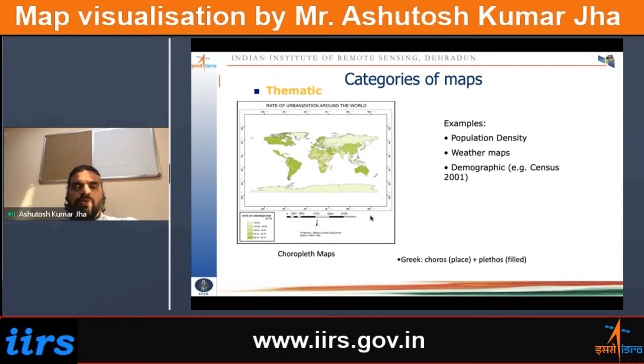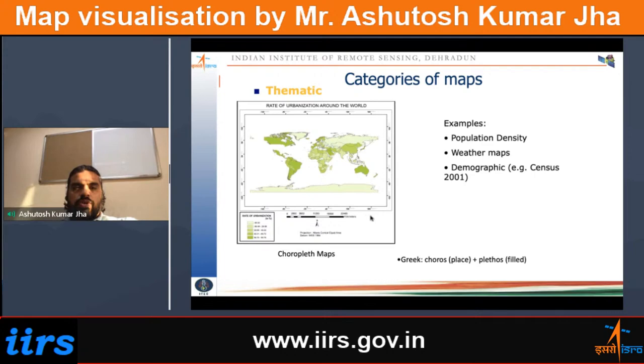All this information can be represented in the form of thematic maps. There are other examples like weather maps, demographic maps, and so on.